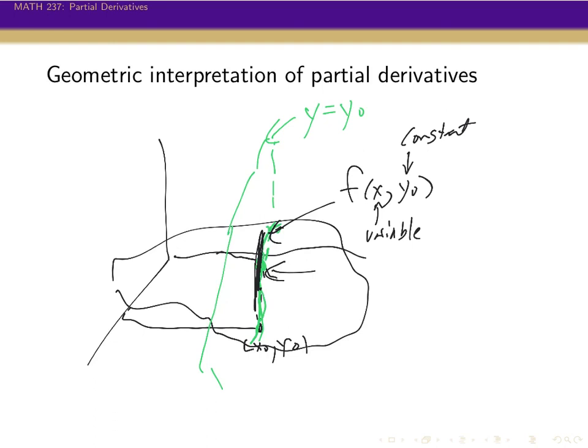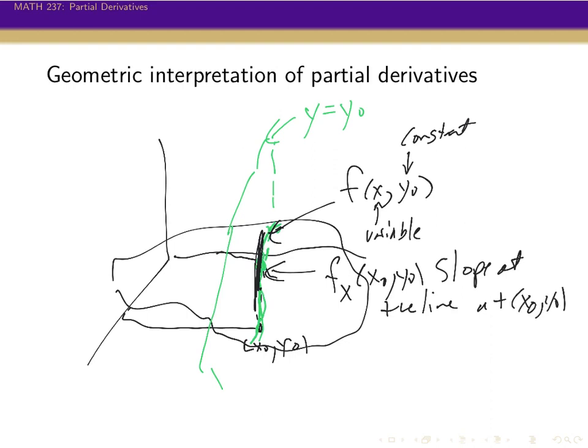So f sub x at x naught, y naught is going to be the slope of the tangent line at x naught, y naught that's created from the curve sliced by the plane y equals y naught.